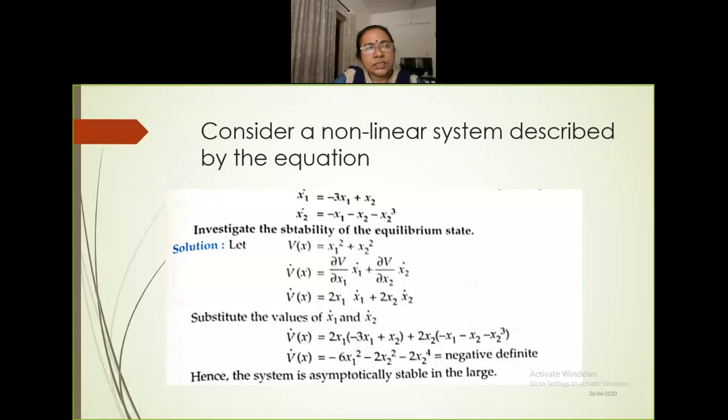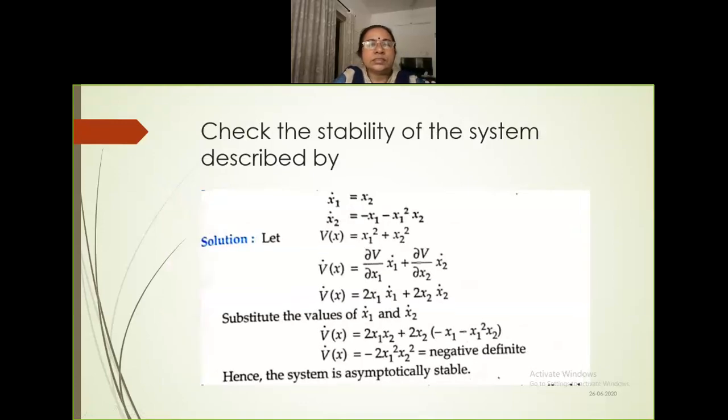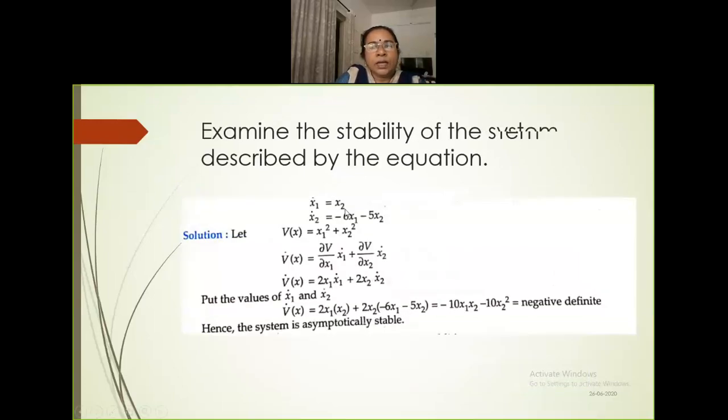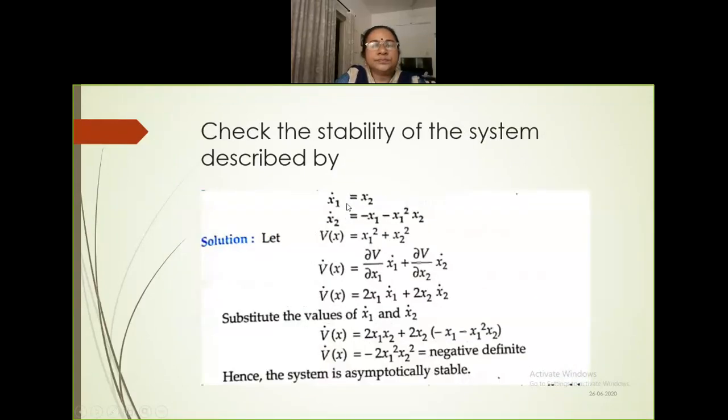Now we will go for the next one. Check the stability of the system described by the following. Again, it is a nonlinear system, so you need to apply that. x1 dash is given to you, x2 dash, then V of x is equal to x1 square plus x2 square.